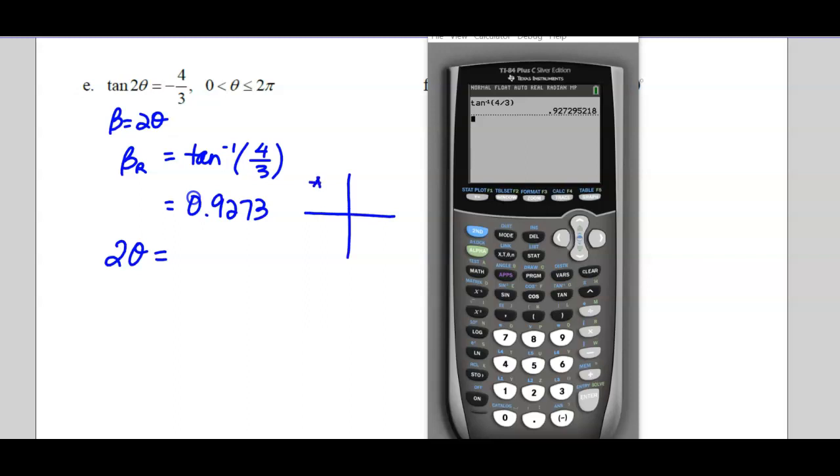Tan is negative in the second and the fourth. So our reference angle is 0.9273. So this first one is going to be pi minus 0.9273, and then 2 pi minus 0.9273.